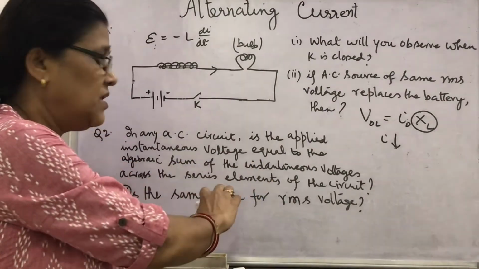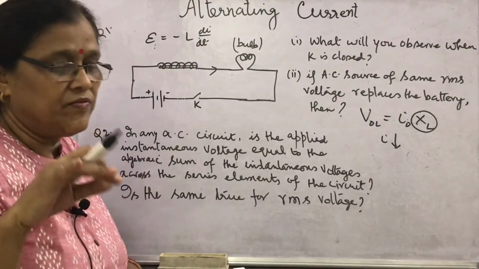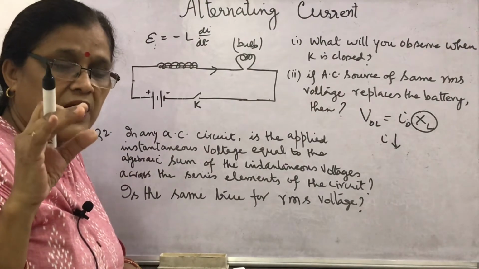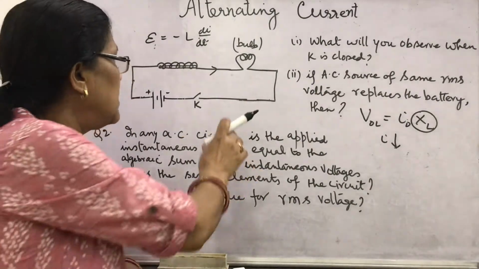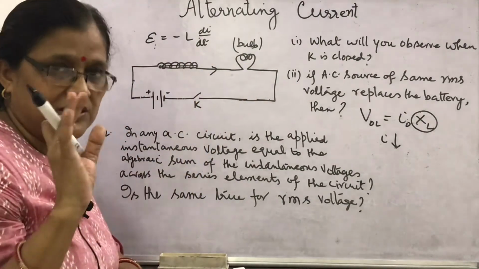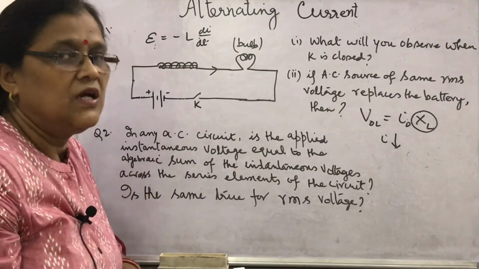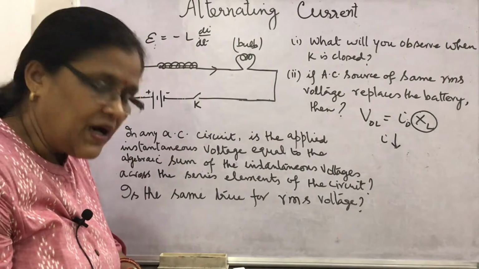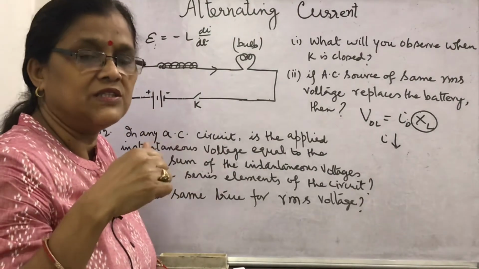Look here, is it true for applied voltage and instantaneous value? For that applied voltage, its instantaneous value will be the algebraic sum of the individual elements' voltages? Yes, because although voltage and currents are scalar quantities, they are varying sinusoidally, they are variable functions.